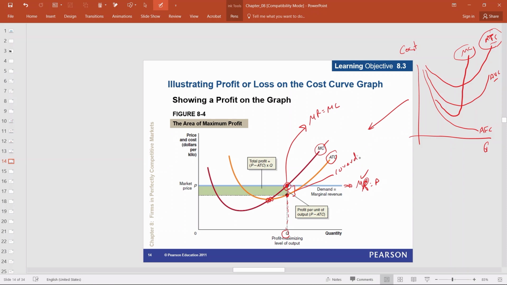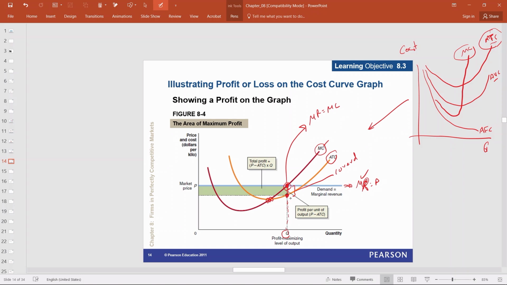So the price is covering the cost here. If you come down from the level of output where marginal cost equals marginal revenue and then go down, you will hit average total cost again.